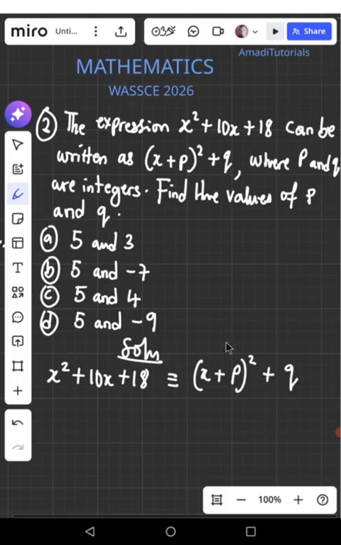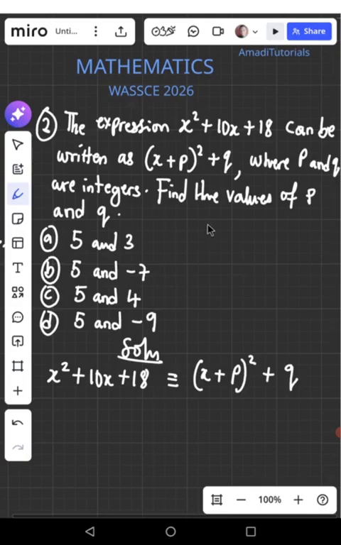Now, for us to do this has to do with finding the number that we're going to add to this quadratic expression on the left hand side to make it a perfect square. Now, to recap, what is a perfect square?